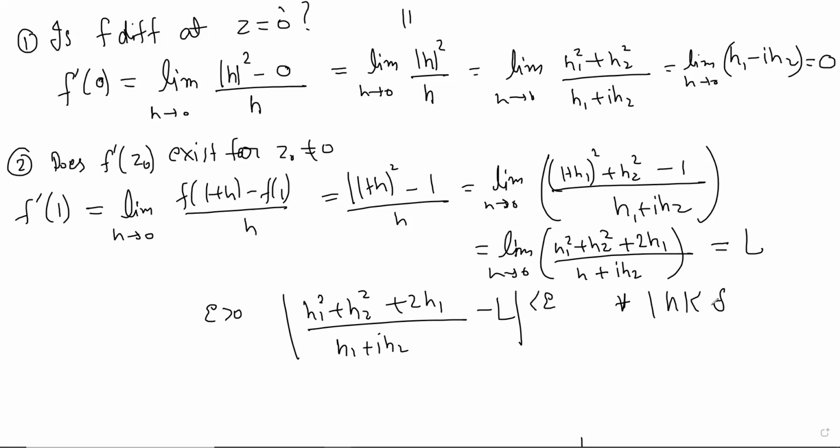So given a degree of approximation epsilon, which is obviously a real number, that's the degree of closeness. I must be able to attain that by some delta. So for all h less than some delta, it should work. It basically means no matter how you approach zero, your quantity should go closer and closer to L.